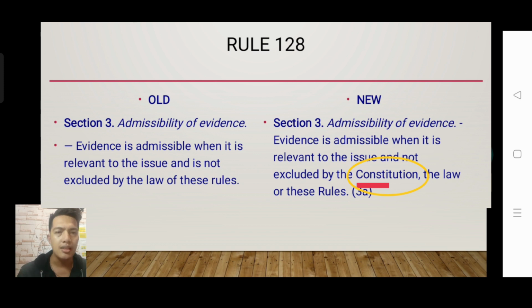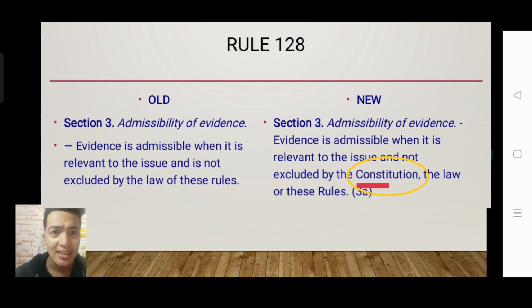This section, admissibility of evidence, I consider as the heart of the rules on evidence. Because when we talk of admissibility of evidence, we should consider the relevancy and the competency of evidence in order for the evidence to be admissible in court.